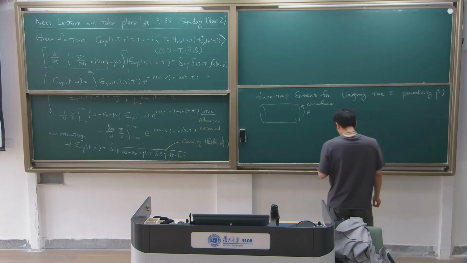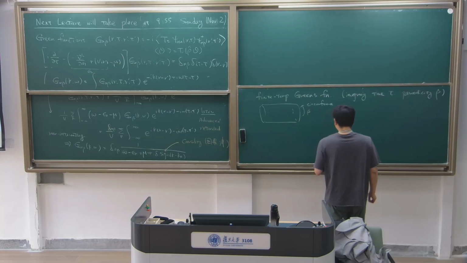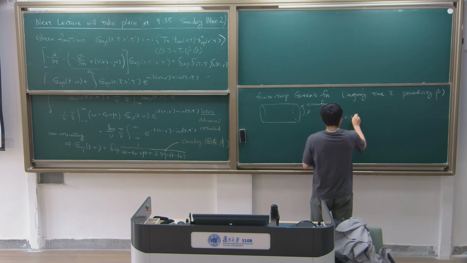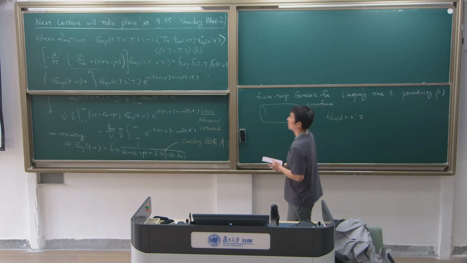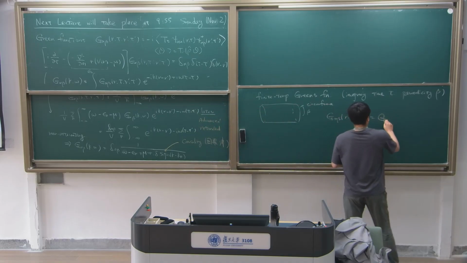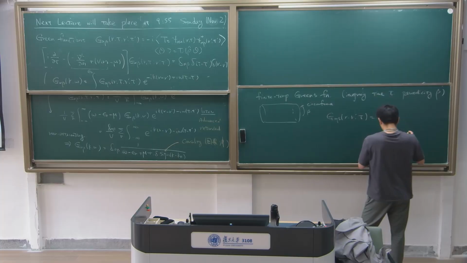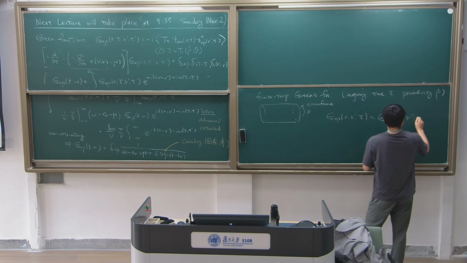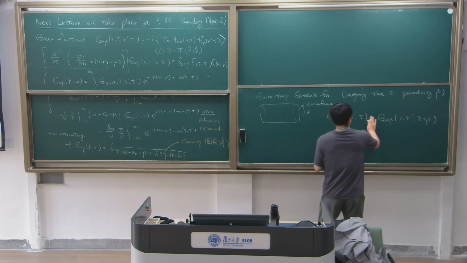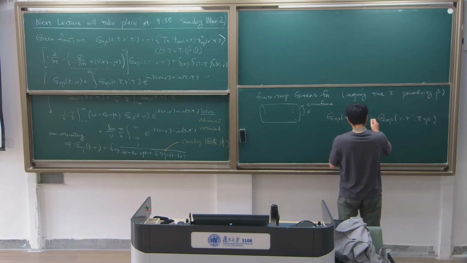So what we saw is that G alpha beta (R, R', tau) is essentially periodic: G(R, R', tau) and G(R, R', tau plus beta) are related.